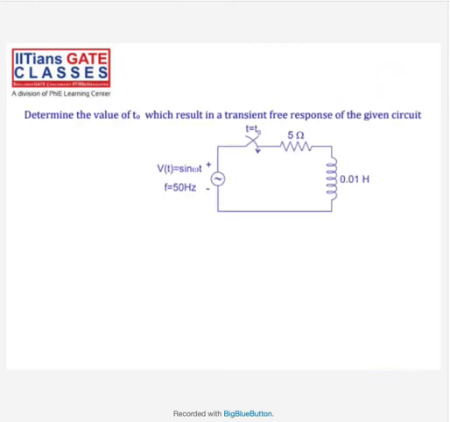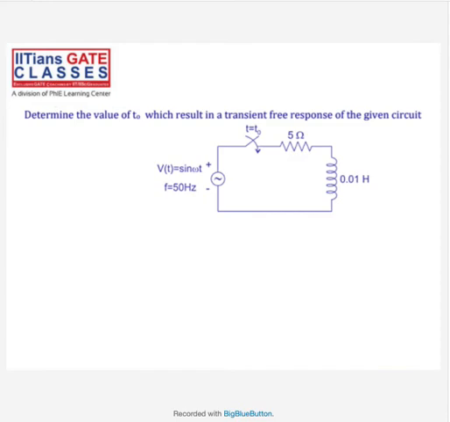This is a previous year GATE question. Determine the value of T naught which results in transient free response of the given circuit.